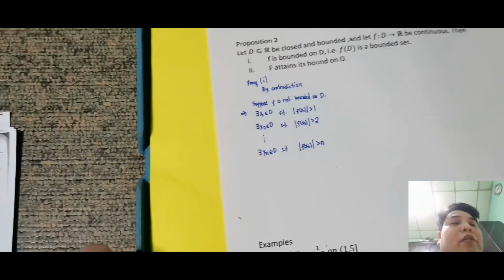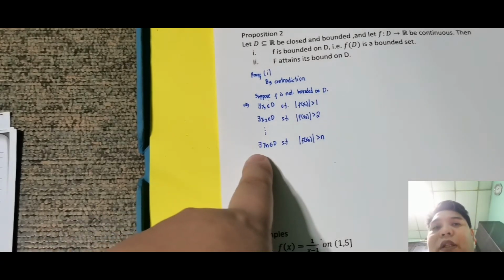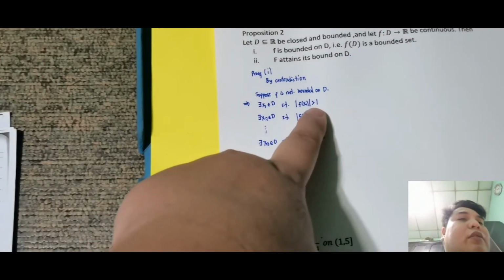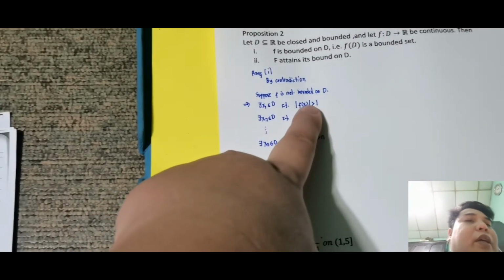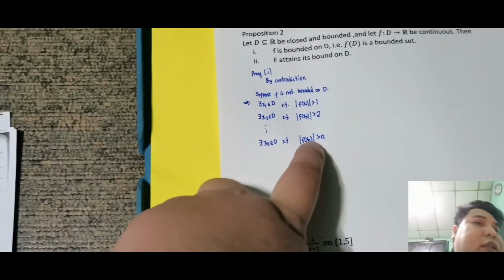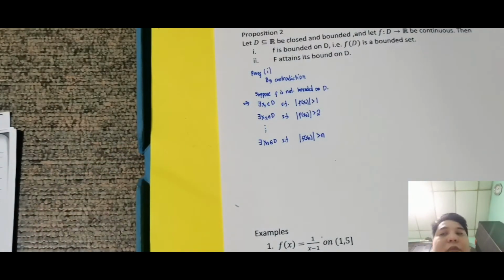Okay, so kung napansin nyo, ano nangyari? Nagkaroon tayo ng sequence. X sub 1 unbounded siya kasi greater than 1 pa. X sub 2 unbounded siya kasi greater than 2 pa. Pero anong nangyari? Nakaka-form ako ng sequence na x sub 1 up to x sub n.